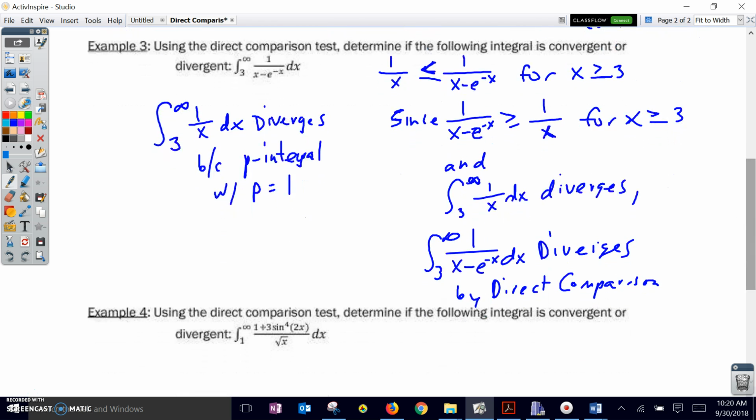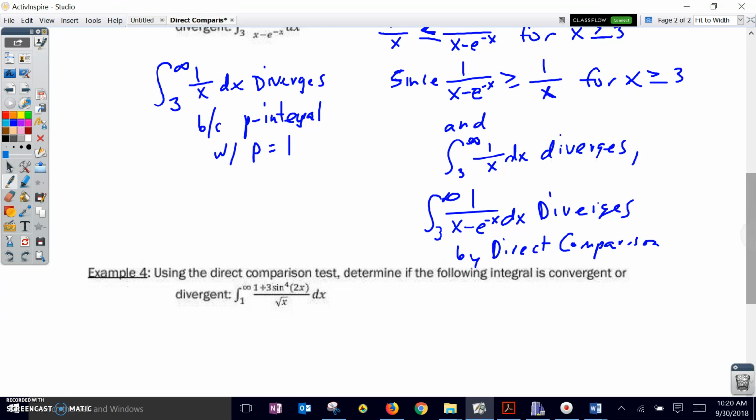All right, last one here. The integral from 1 to infinity of 1 plus 3 sine to the 4th of 2x over the square root of x dx. Okay, what can we compare this to?